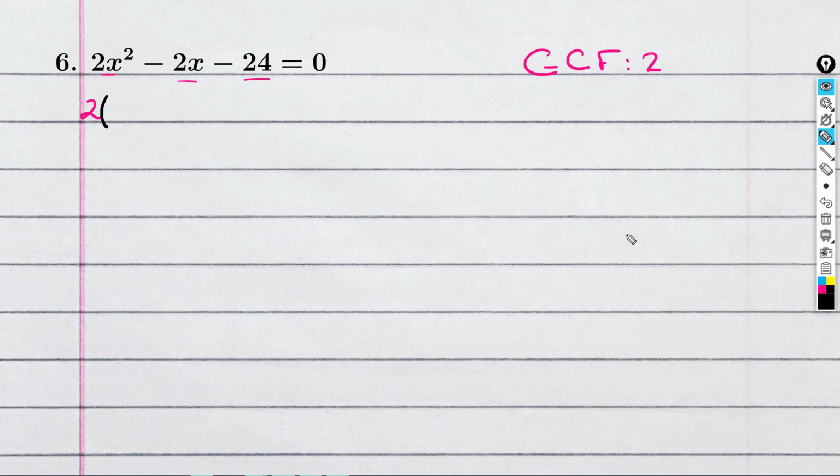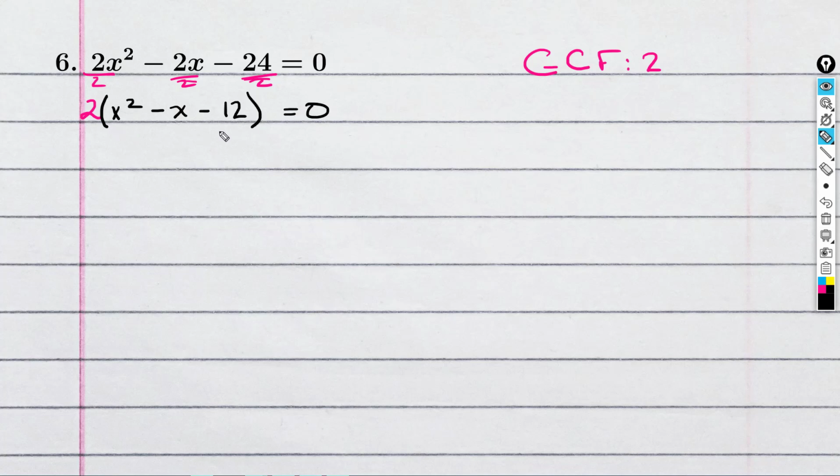We want to think of each of those divided by 2. And so when I think about 2x squared divided by 2, it just gives me x squared. Negative 2x gives me negative x. Negative 24 gives me a negative 12. And it's still equal to 0.